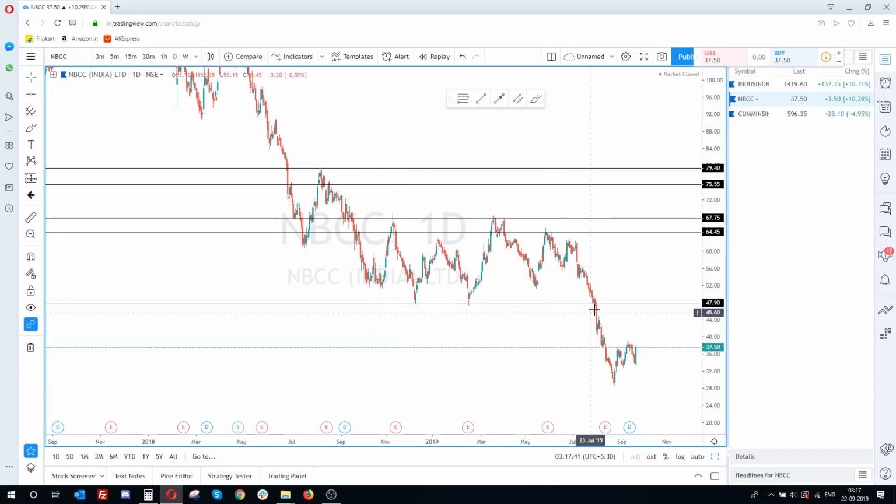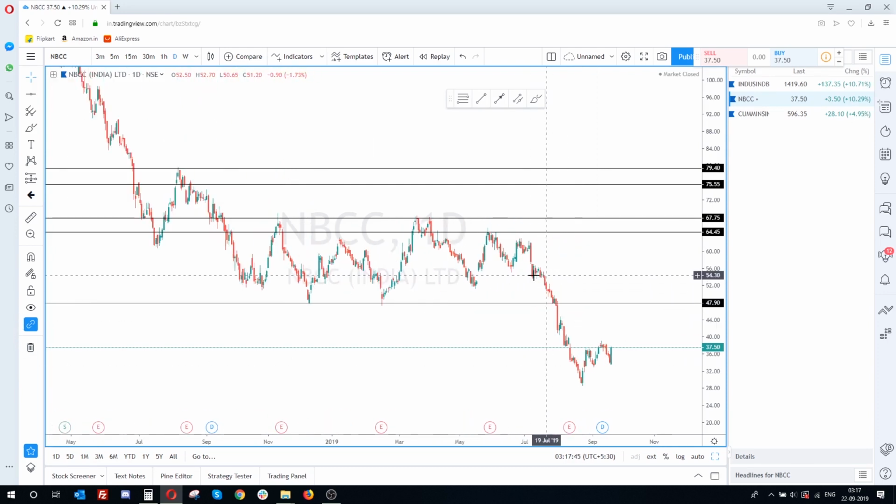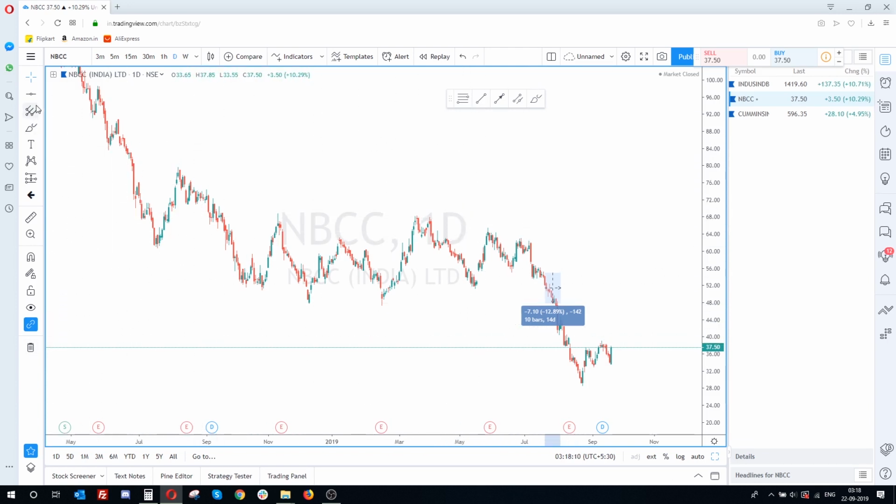So you will be getting a short only at this 46, but we were shorting at the price range of 54, which is 12% more. As a trader, you must know that 12% more is really huge, right? You would be making a lot of money, in 14 days you are getting 12%. It's just an amazing trade. These are the trades that I have made personally. Let me move to the other stock.